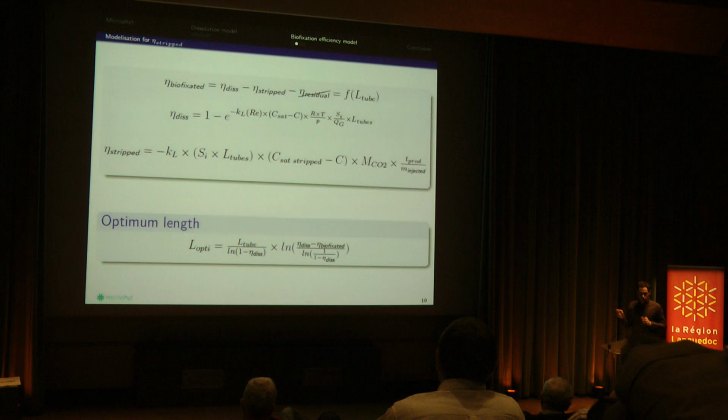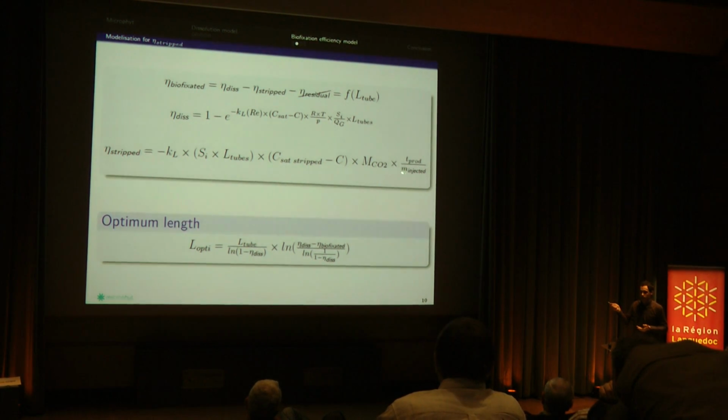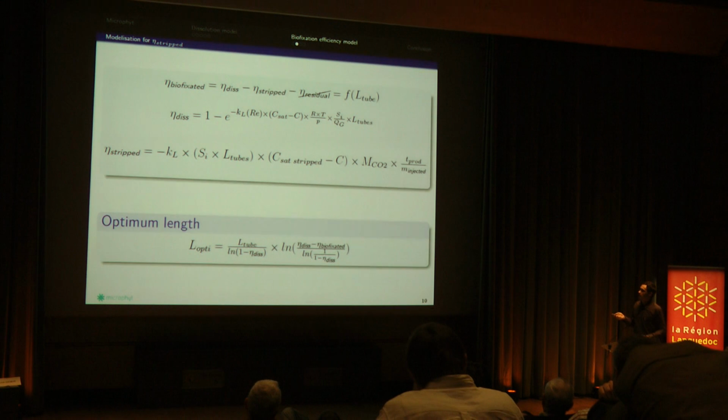And this is a huge simplification because all of the parameters, light, concentration of gas, of microalgae, are taken into account within this parameter. So measurements on the photobioreactors are much simpler.